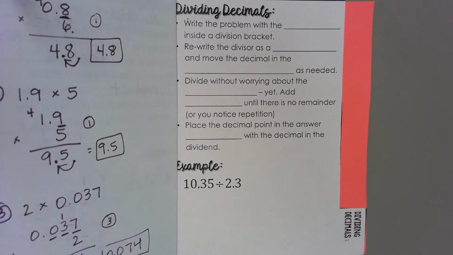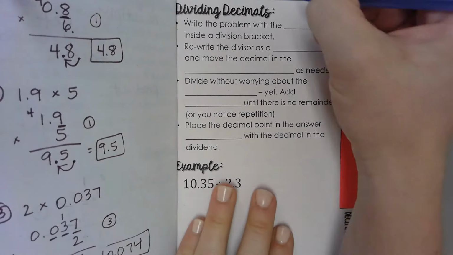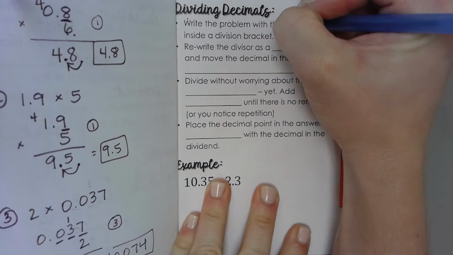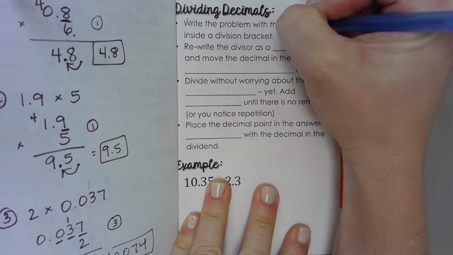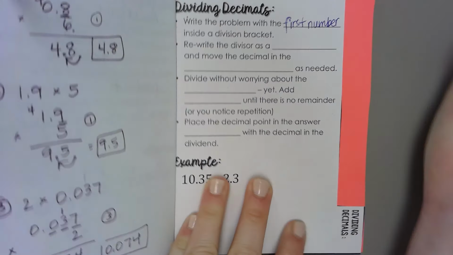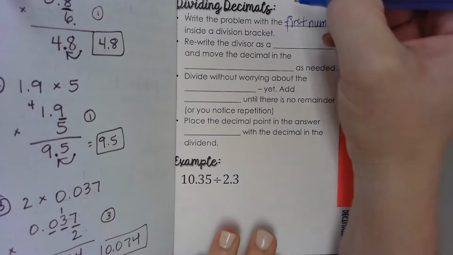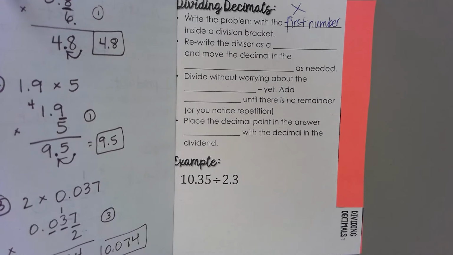So the first step when we divide decimals is we're going to write the problem with the first number inside the division bracket, just like when we do our little X underneath the two numbers, like I talked about yesterday.